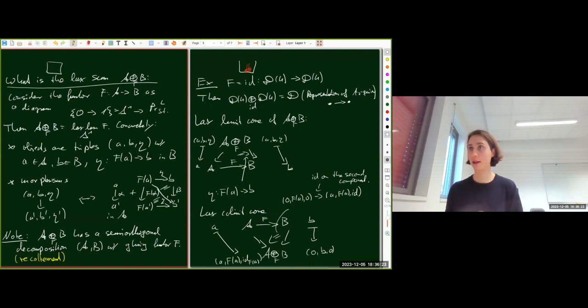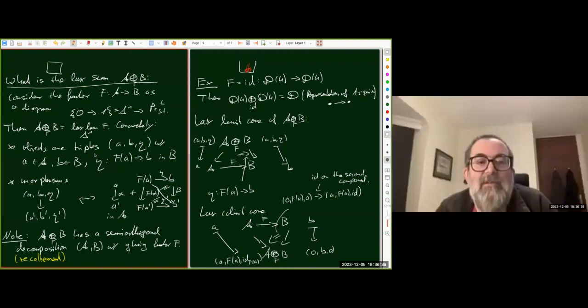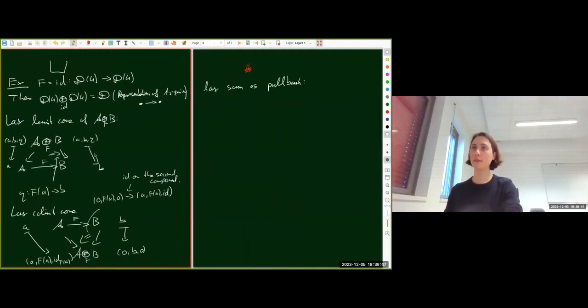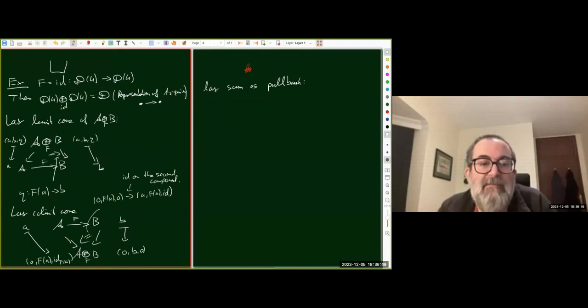So do we know that Lax limits are stable infinity categories? Is it part of the Lax limit definition that you will always get stable infinity categories? Yeah, we're taking the Lax limit in the infinity category of stable infinity categories. So because it lives in this category, it's automatically stable. But there's one way to define it as a pullback.